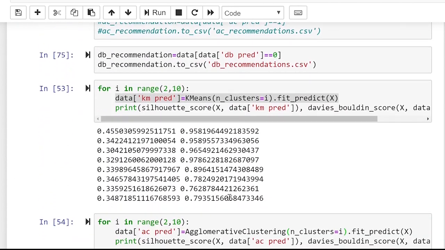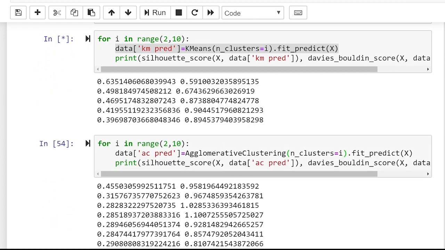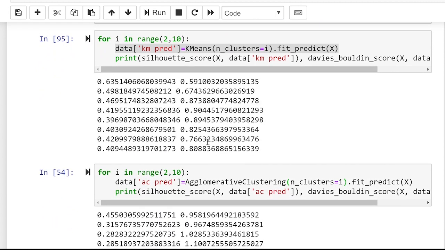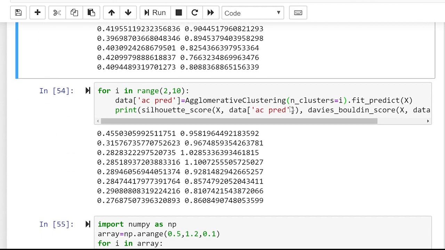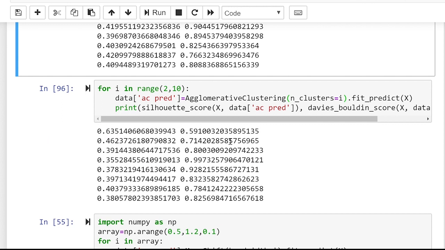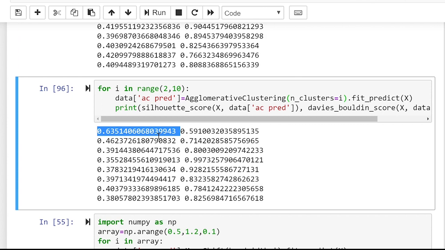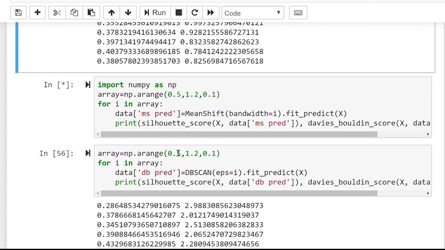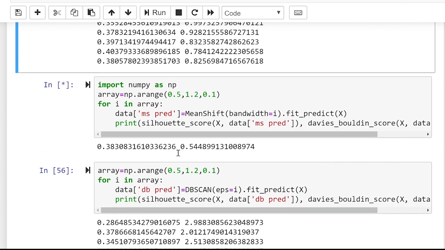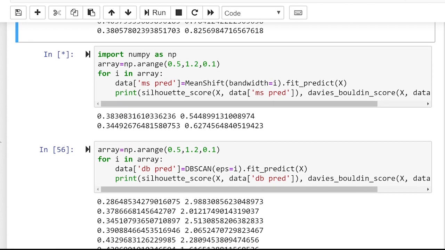Now I would like to see what the best number of clusters is for us. Highest silhouette score, lowest Davies-Bouldin score. Sounds good. For agglomerative, the highest silhouette score and lowest Davies-Bouldin score is again 2 clusters.